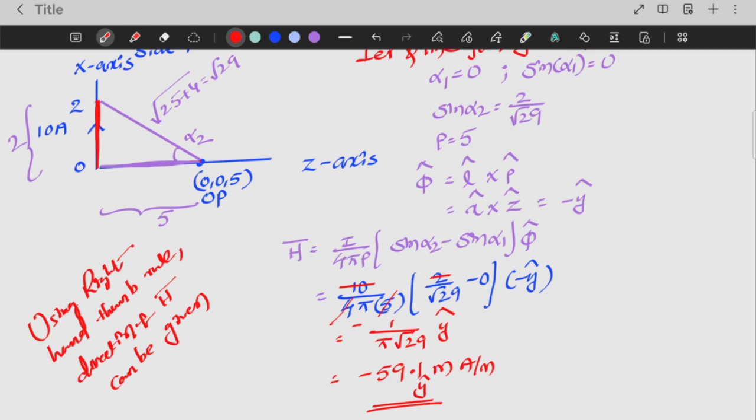Then hold the conductor in your right hand with the thumb in the current direction. The direction in which the fingers curl is the direction of the magnetic field at the observation point. First of all, according to the right-handed coordinate system, if this is the z-axis and this is the x-axis, then the y-axis is coming out of the plane. So here I am taking a dot for y. The positive y-axis is coming out of the plane.